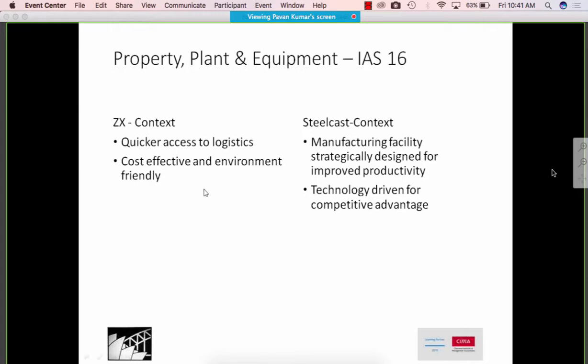And ZX has a cost-effective and environment-friendly manufacturing process, which is again mentioned in the case study here. From a strategic case study perspective, Steelcast has strategically designed its facility for improved productivity. If you look at page number 4, paragraphs number 3 and 4, it specifically mentions that the workbenches, etc., have been designed ergonomically.